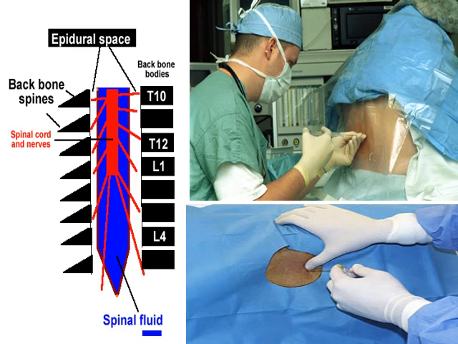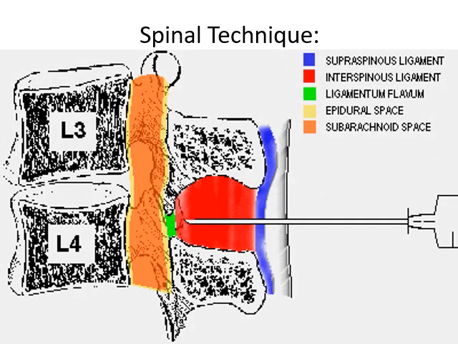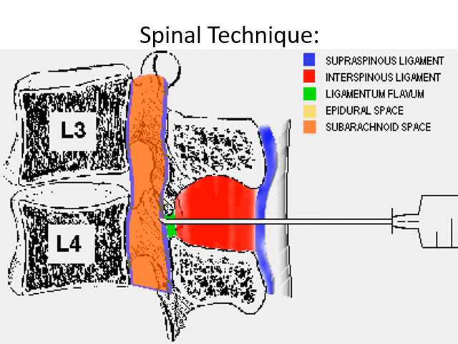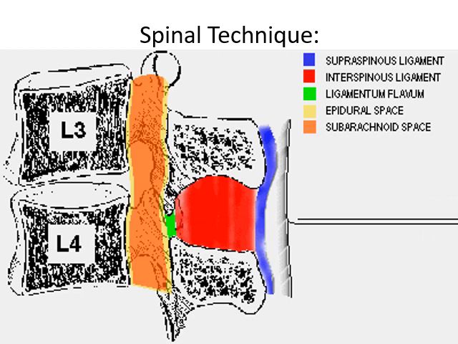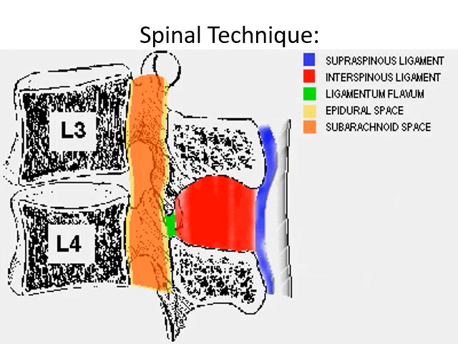In epidural anesthesia, we inject the drug in the epidural space. No dural puncture as in spinal anesthesia. When we introduce the spinal needle, we puncture supraspinous ligament, interspinous ligament, ligamentum flavum, epidural space, subarachnoid space.